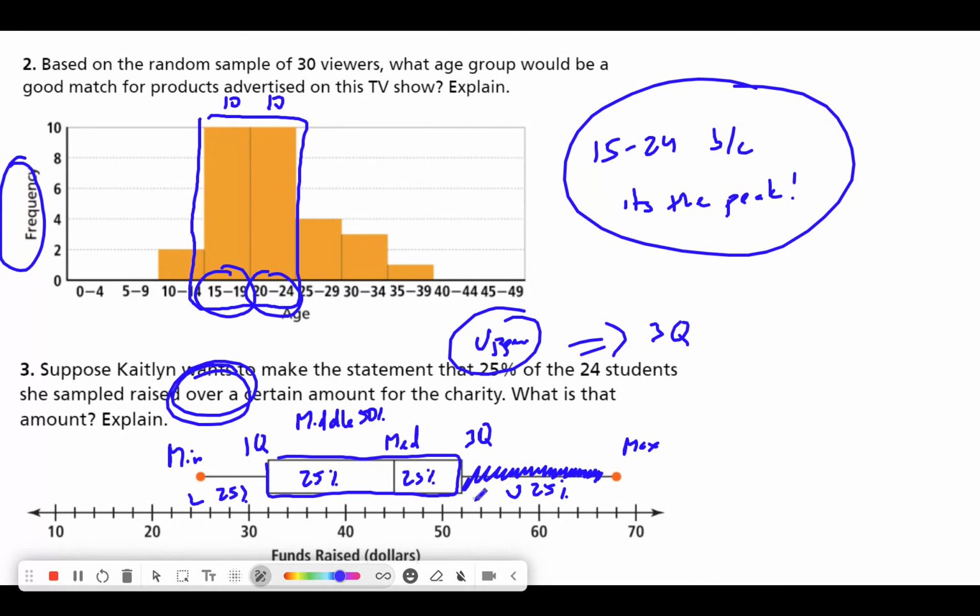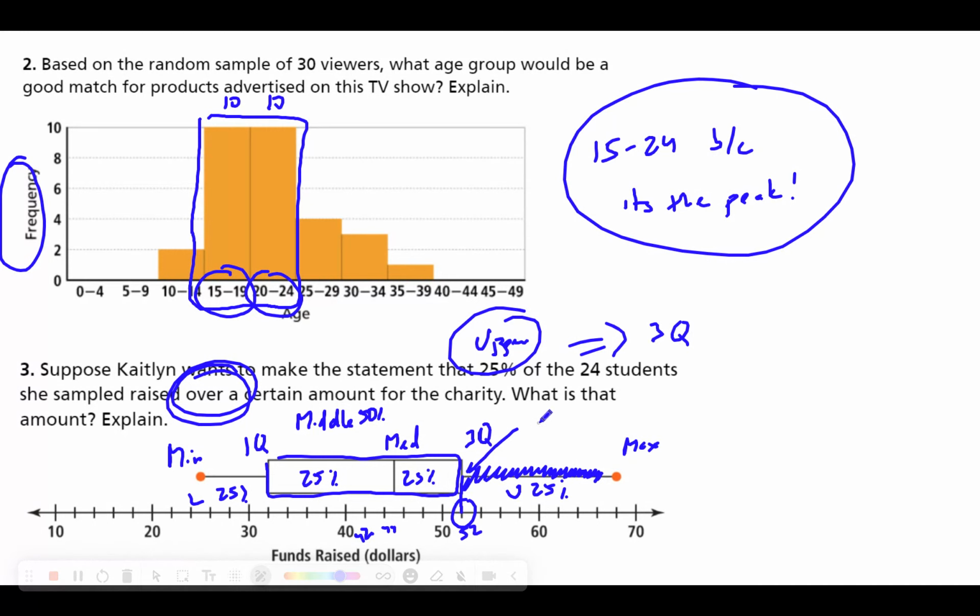So we're just going to look at the third quartile. If I come down here, it looks like it is the next number after 50. We are counting by twos, right? 42, 44. So that would be 52. So it looks like $52 is the number that 25% gave over that amount.